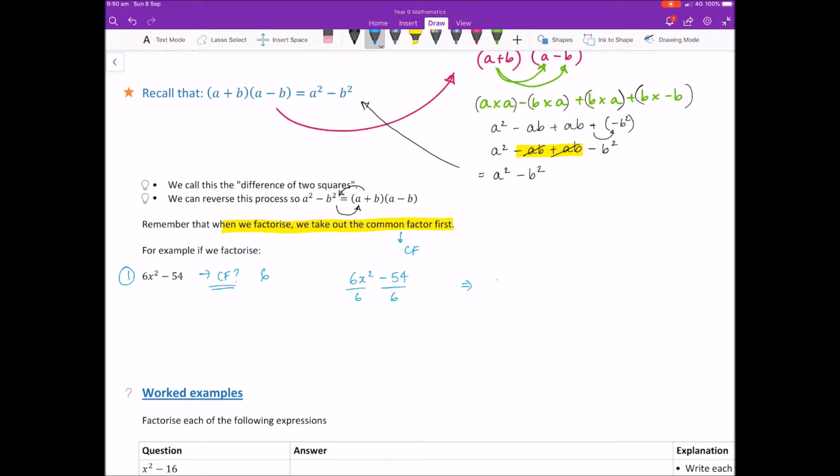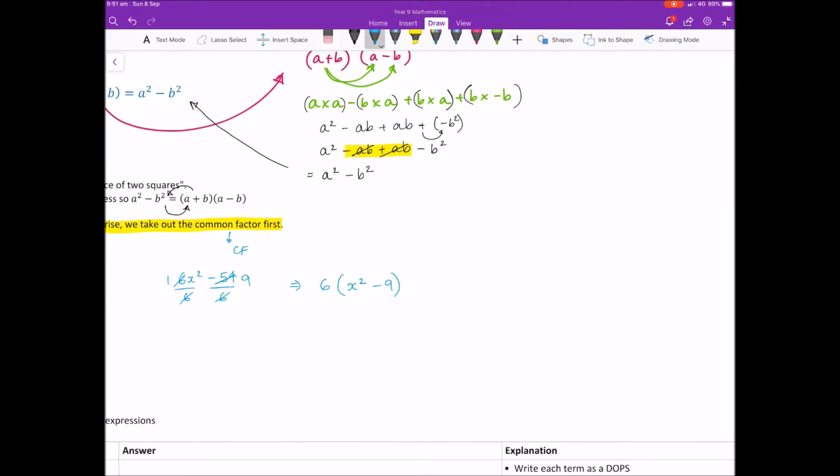So I'm going to write 6 bracket, so 6x squared divided by 6 leaves us with x squared inside the bracket. Then negative 54 divided by 6 leaves us with 9, so we've got minus 9. So now we've got 6 times x squared minus 9.